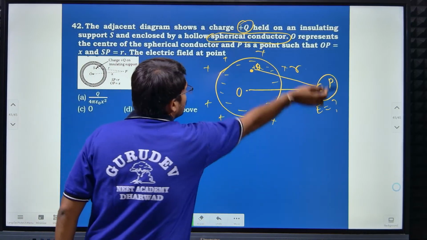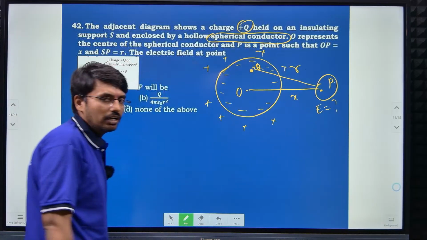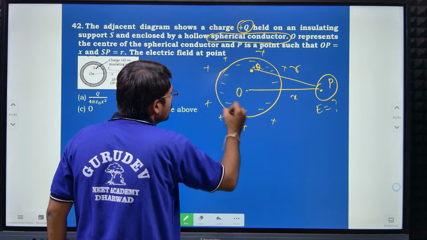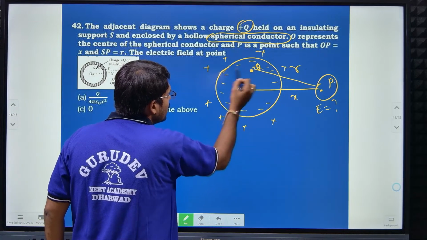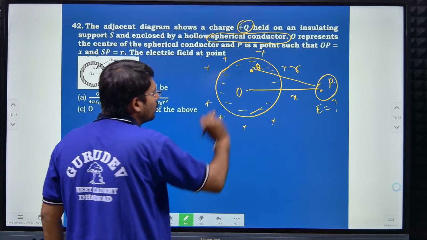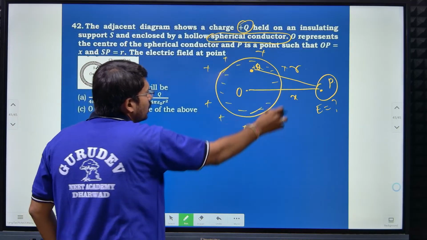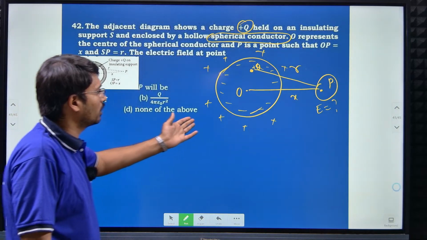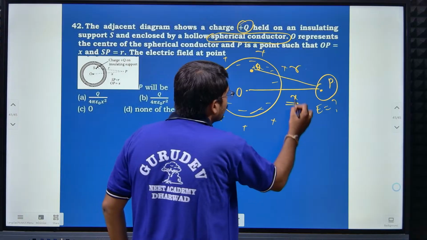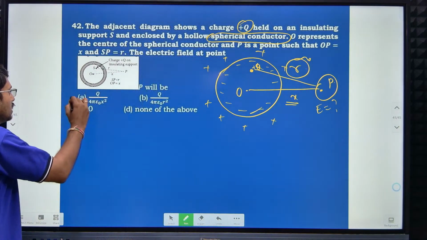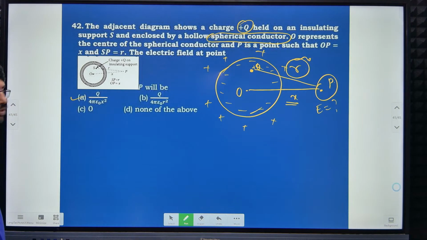Whenever we take a Gaussian surface, the negative charge and the positive charge balance each other, so the net charge inside becomes zero, and we are concentrating only on the positive charge on the surface. So whatever distance we take, that is x, not R. So the right equation is Q by 4 pi epsilon naught x squared.